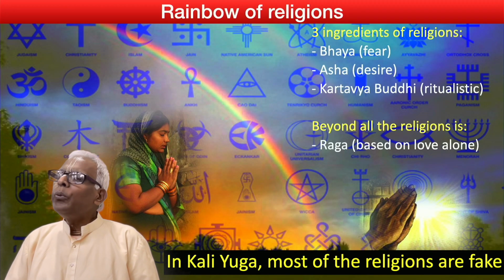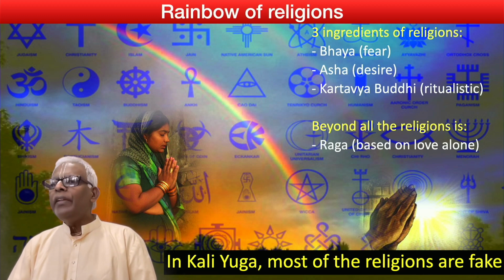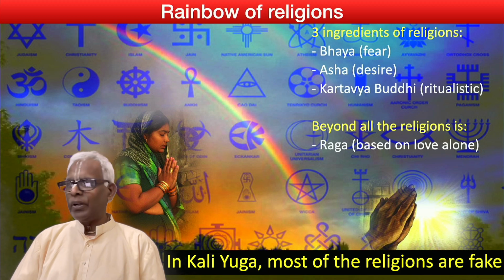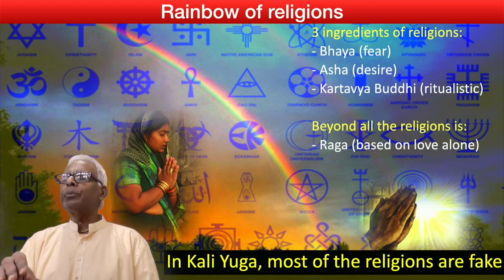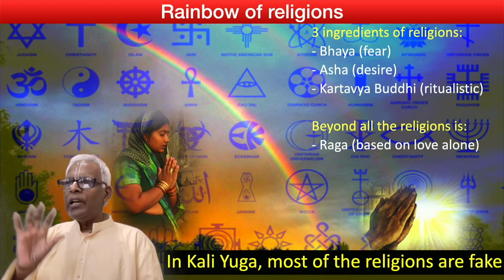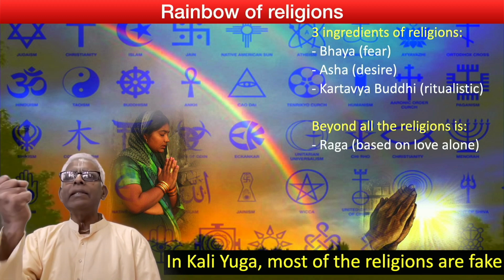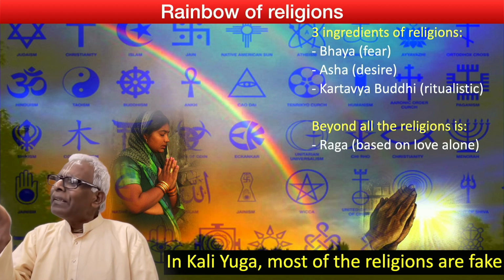So there are 2 kinds of dharmas in this world. Vedic and non-Vedic dharmas. So these dharmas correspond to religions. Alright? So if we analyze all the religions, it has 3 fundamental things, that's the core.